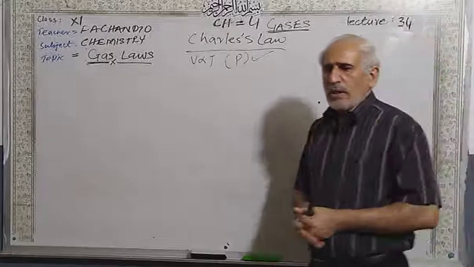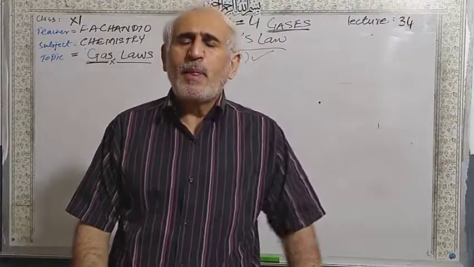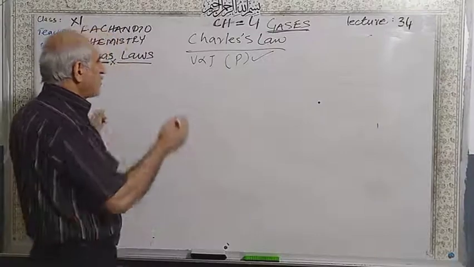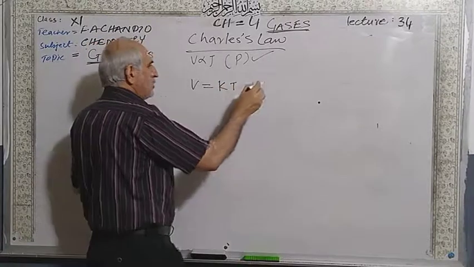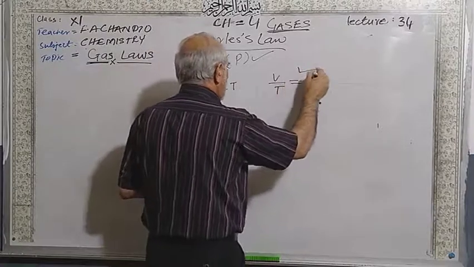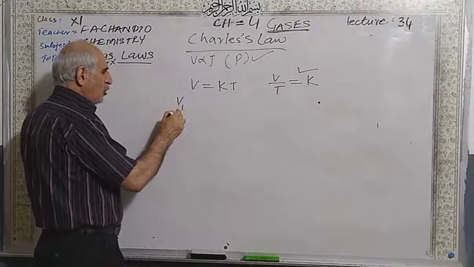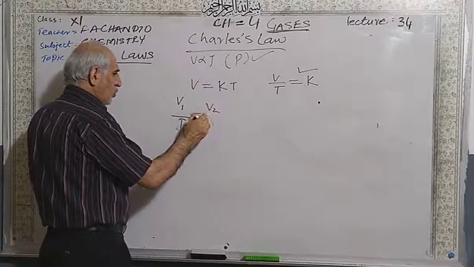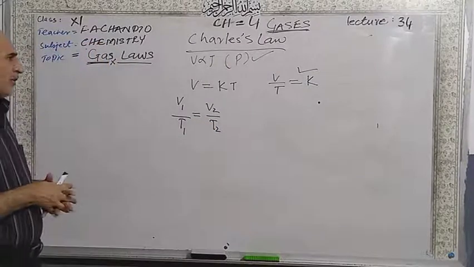It means that when you increase the temperature of the gas at constant pressure, the volume of gas is going to increase. So V is equal to KT, so V over T is equal to K. This is V1 the initial volume, T1 the initial temperature, V2 the final volume, and T2 the final temperature.